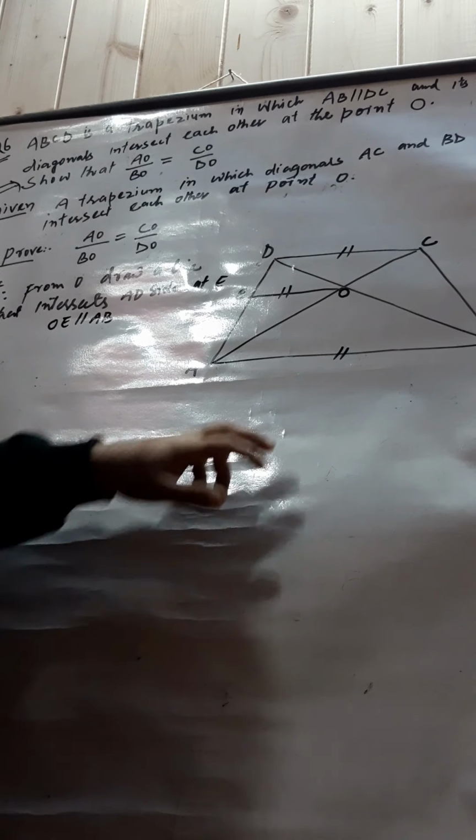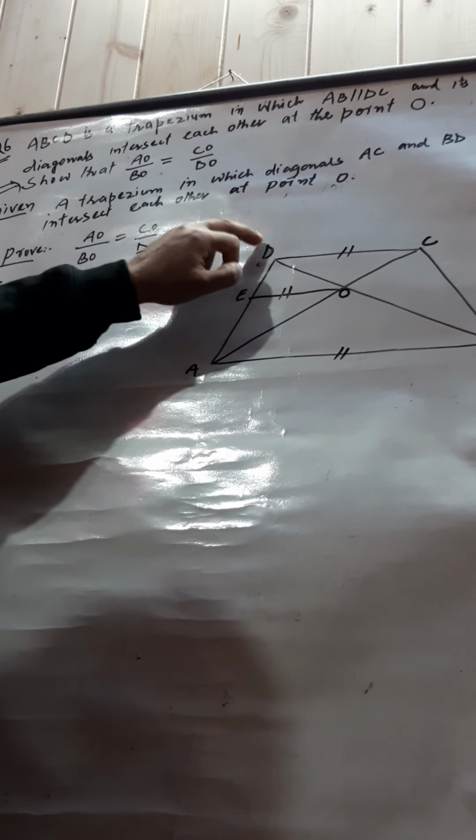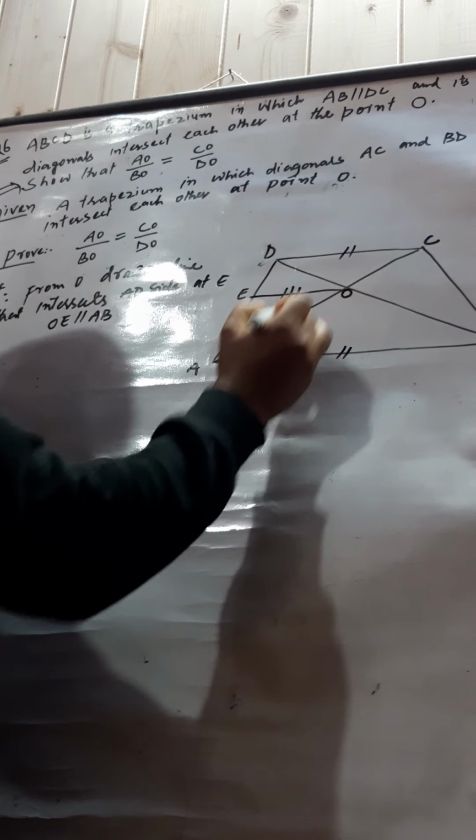That means in the construction, I have drawn line OE that intersects line segment AD at point E in such a manner that OE is parallel to AB.